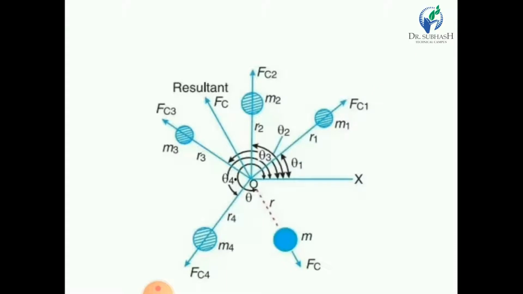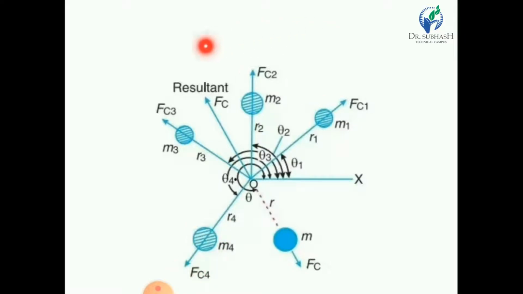In the same way, centrifugal force Fc2 is generated radially outward. Similarly, for mass M3, centrifugal force Fc3 is generated in this direction, and the same for the fourth mass.